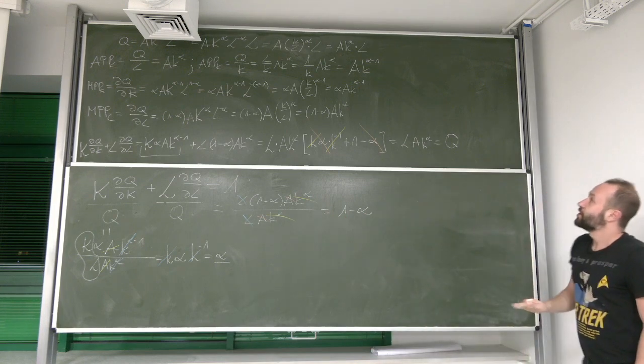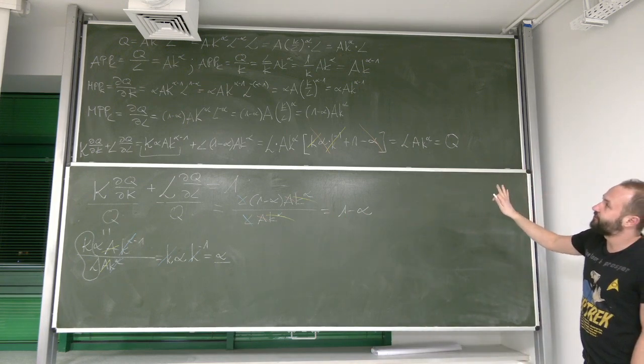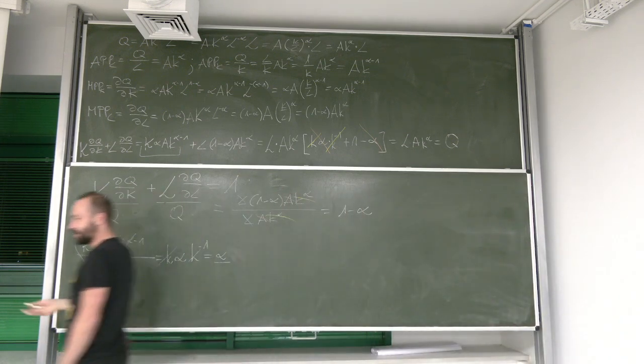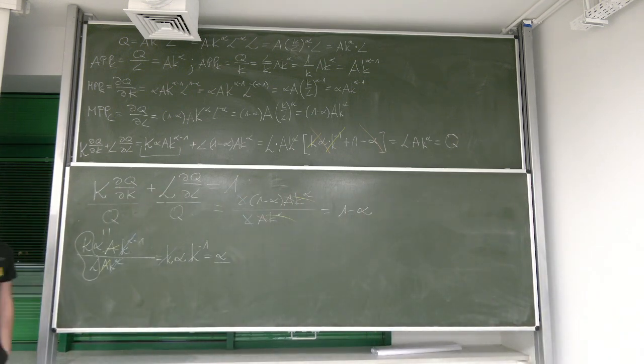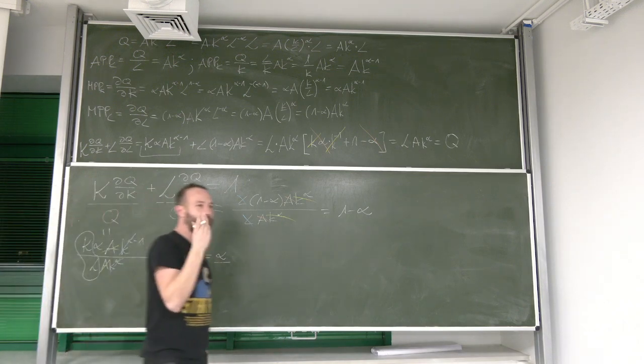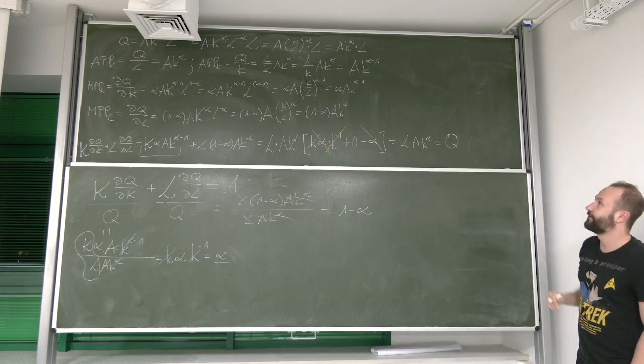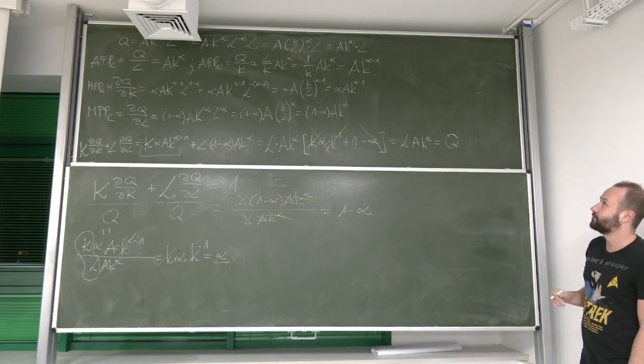So look, Cobb-Douglas production function in general has this very nice property. Just by looking at it, you can know what is the degree of the homogeneity of a given function, right?